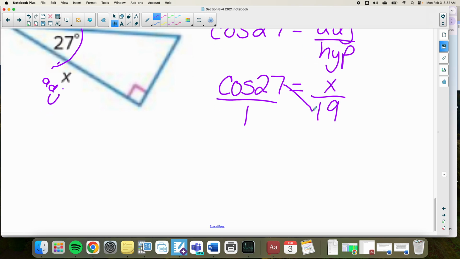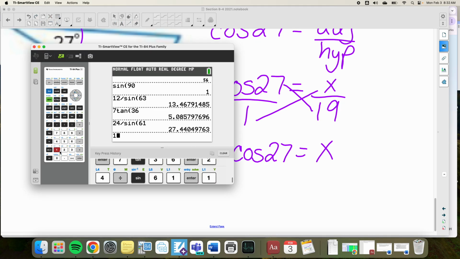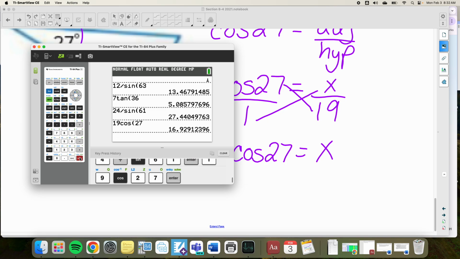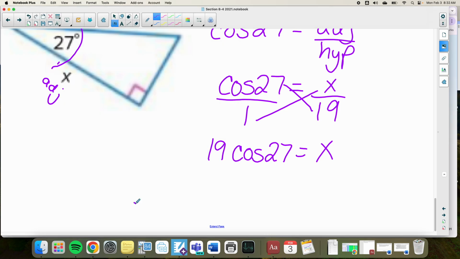When I multiply this, do you guys remember what I said to do? Put 19 in the front. So we're gonna go 19 times cosine 27, and that equals x. And if you do that, 19 cosine 27, did you guys get 16.93? Okay.